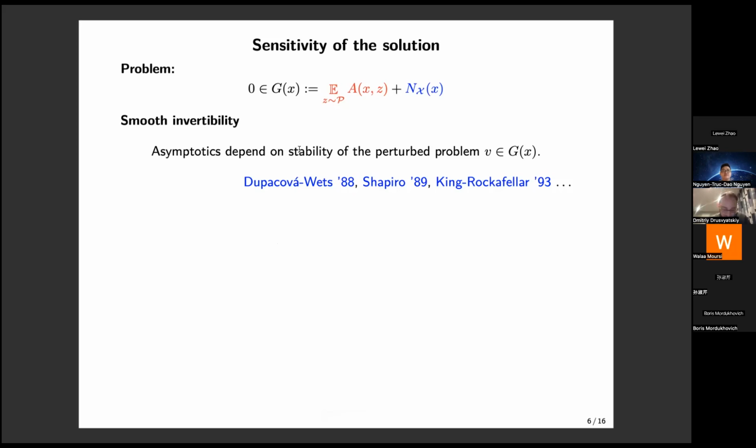Okay? So it depends on all the things we like in variational analysis: solution maps, metric regularity, and so on and so forth. Let me explain that if you haven't seen it before, because it will be important as we go on. If we think about the right-hand side as a set-valued map, we're looking at solving the equation 0 lies in g of x. So g of x is this particular set-valued map.